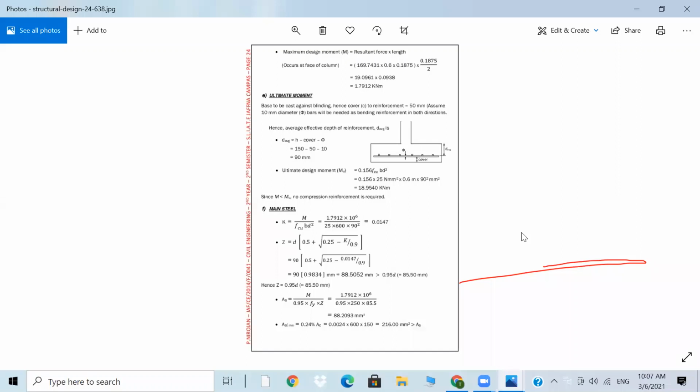So 169 times 0.6 times 0.1875 times 0.1875. It means it will be counted up to this surface. So altogether it will be coming 1.7912 kilonewton meter.